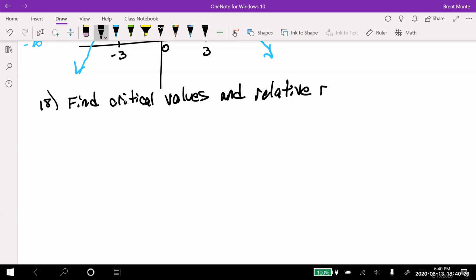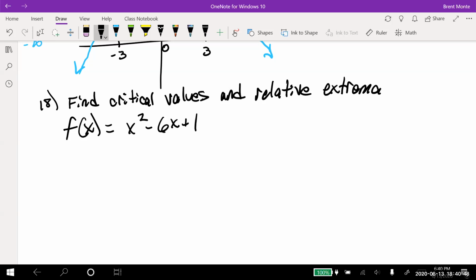And remember, relative extrema means relative maximums and relative minimums. I'm going to show you how we find this in this first problem. There's a technique we typically use. We're going to use a sign chart. The function they give us, f of x, is x squared minus 6x plus 1.